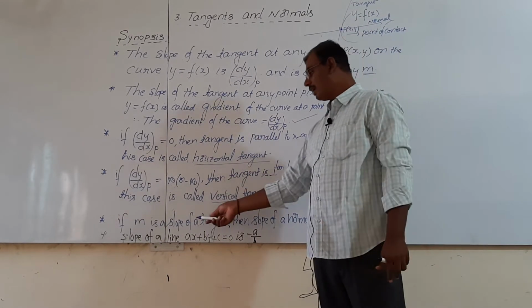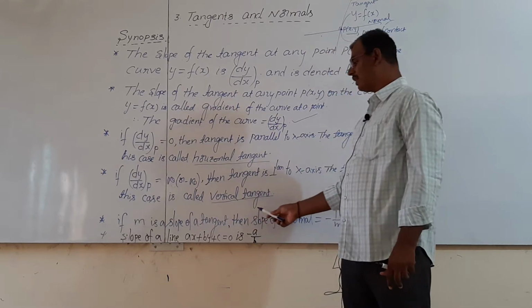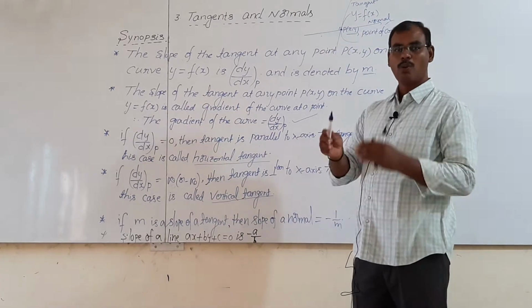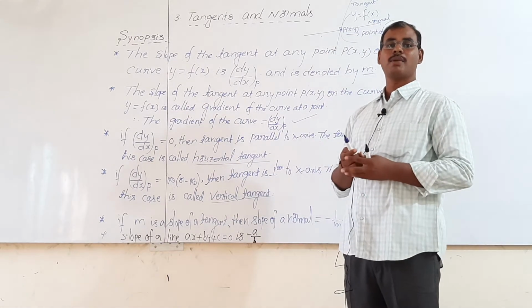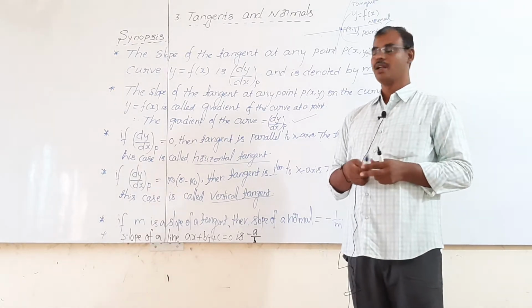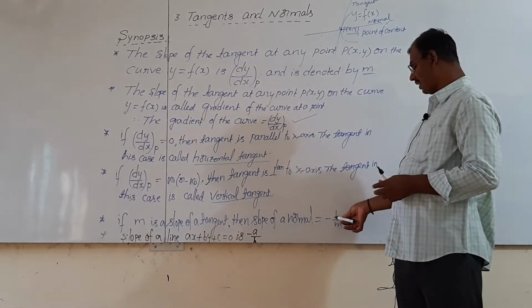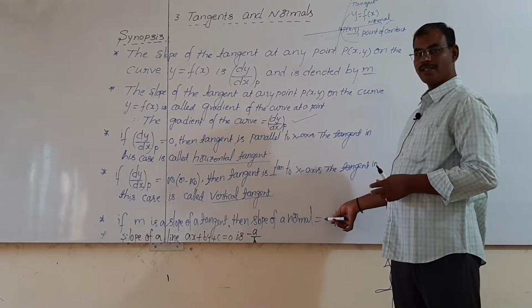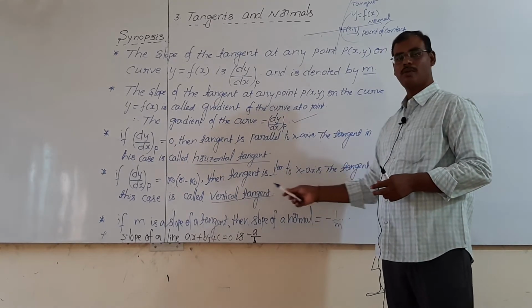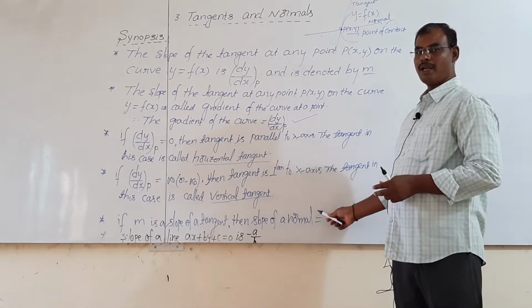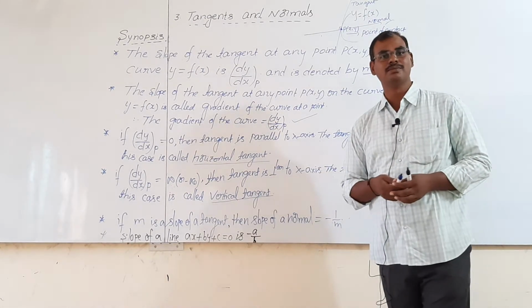Next point, if m is the slope of the tangent line, what is the slope of the normal? The normal slope is equal to minus 1 upon m.